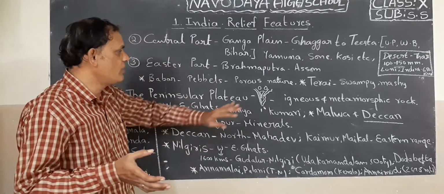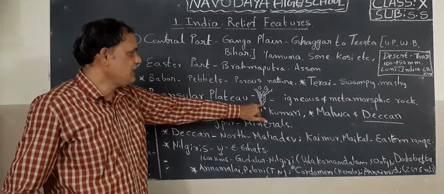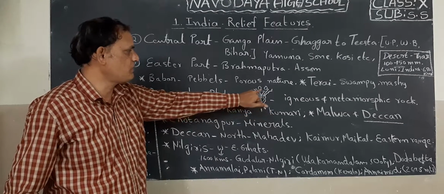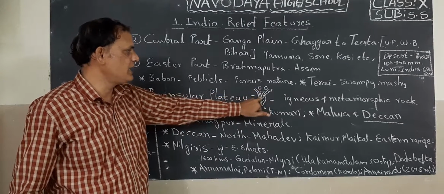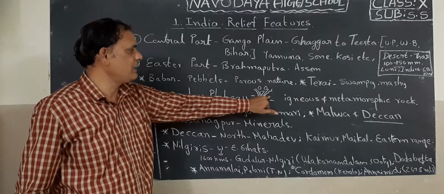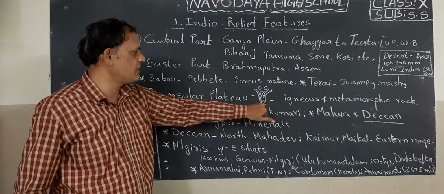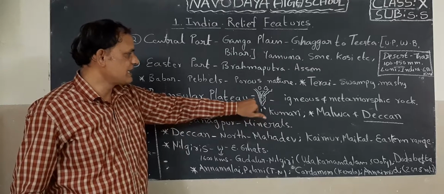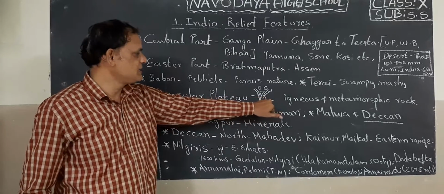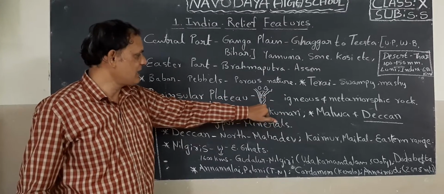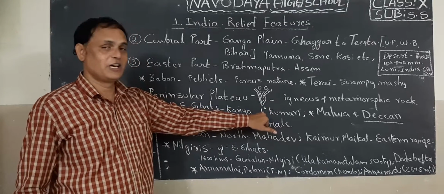For example, this is our India's south part, South India. This land is covered by water on three sides: this is the Arabian Sea, this is the Bay of Bengal, here the Lakshadweep Sea, this is the Indian Ocean.